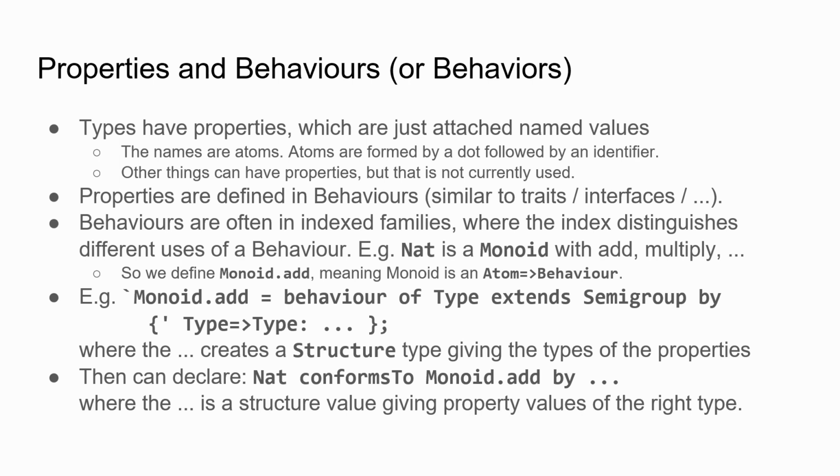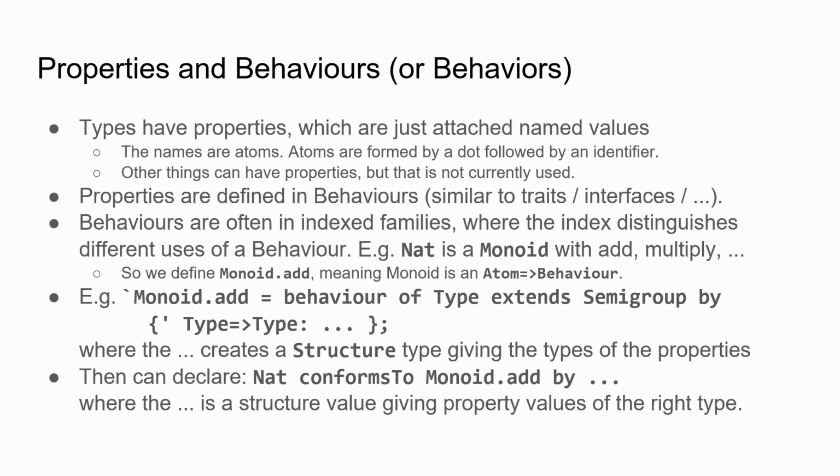We then provide a procedure that takes a type. It'll be the type that we're considering giving this behavior to, and returns a type. The return type is what's called a structure, which you would be wise to have seen my previous video to understand. But you'll probably get the message from the next slide.